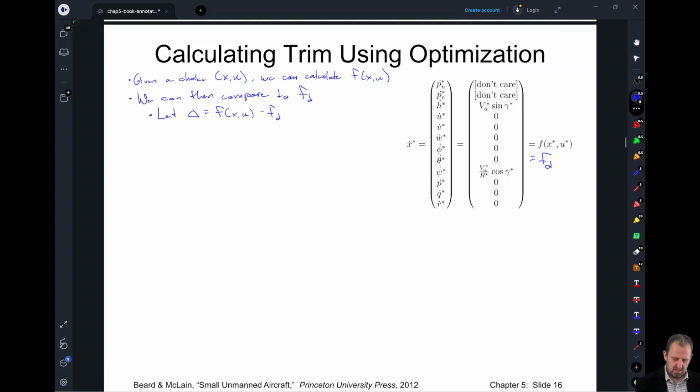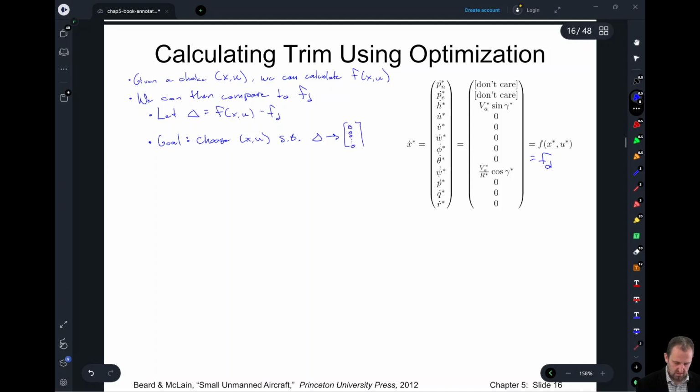Then the goal is to choose x and u such that this delta goes to the 0 vector. So we want delta to go down to 0.